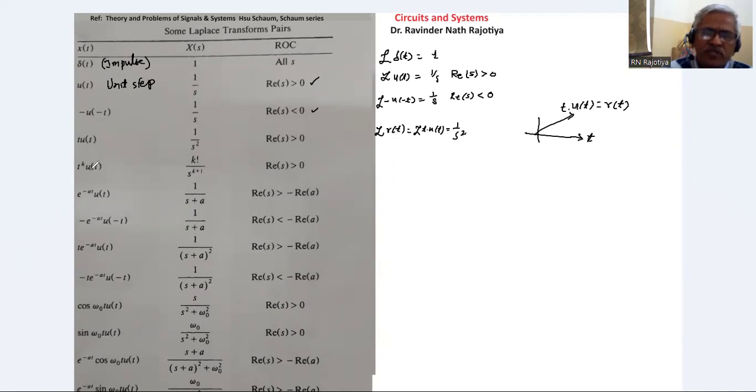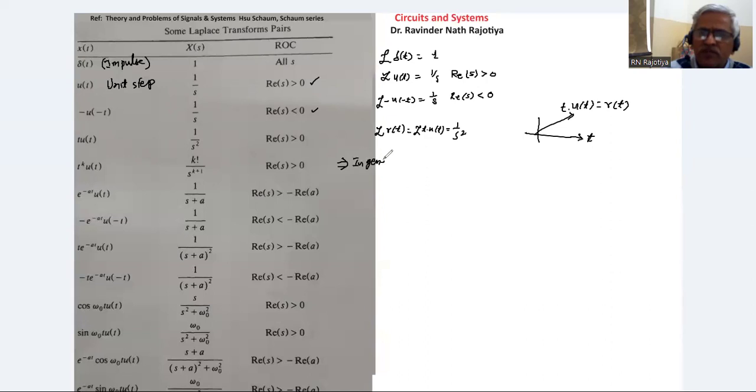If you relate this with the previous one, observe carefully: here you have t raised to the power of 1, so you have 1 factorial divided by s to the power k plus 1, that is 1 plus 1 equal to 2. So in general, this is the general formula.